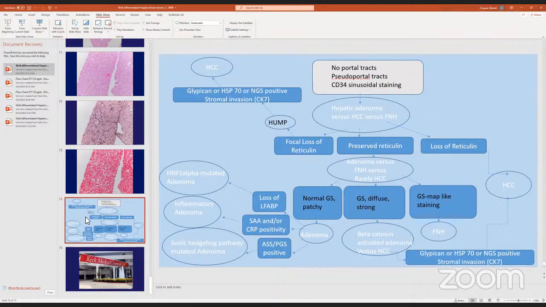I don't know. Most of us are not doing molecular profiling on diagnosis of well differentiated hepatocellular lesions, at least now. But maybe in the future, it would be a part of the diagnostic algorithm. We are not doing it at our place, but our clinicians are very skeptical of male adenomas. They take them to resection.